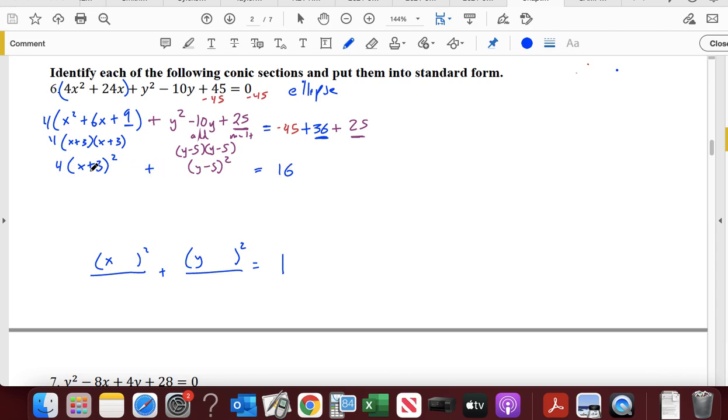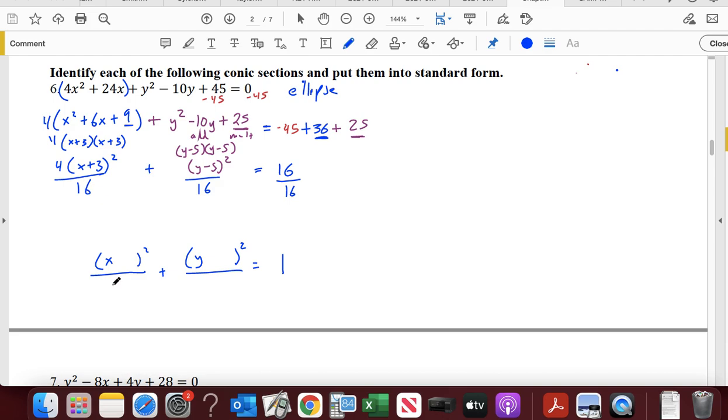Okay, so we're nearly to this form that we're looking for. But you might notice that we want a 1 over here when it's really a 16. And then we want denominators over here where we don't have those yet. So the way that we can make that happen is by dividing everything by 16. So we divide everything by 16 and then reduce our coefficients over here.